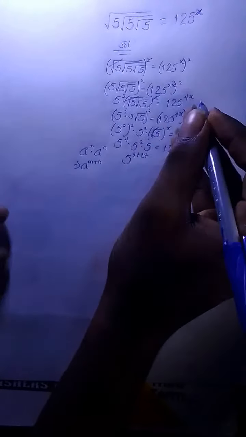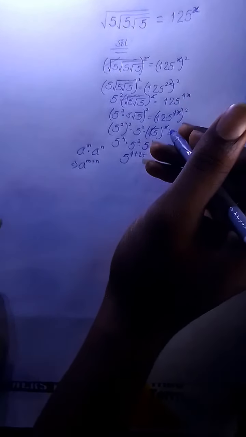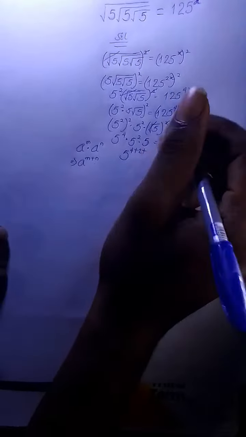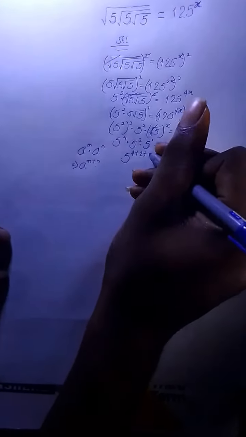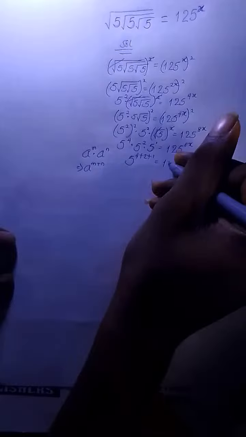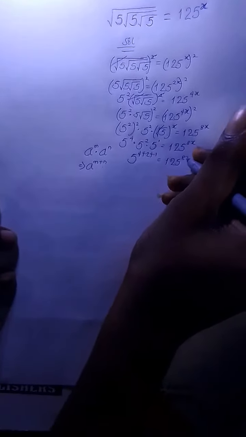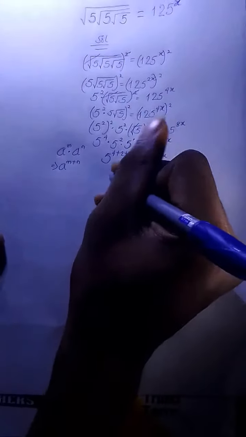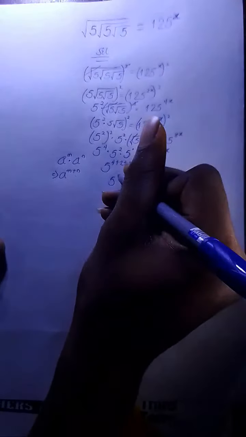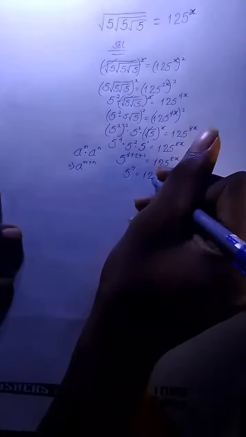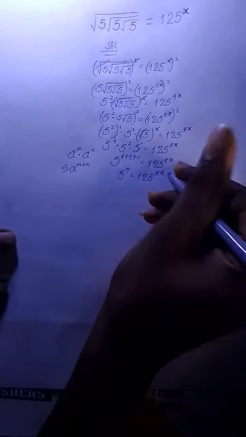A number standing alone, a, is a to the power of 1, because it still gives us that. So plus 1 equals 125 to the power of 8x. So 4 plus 2 plus 1 gives us 7, so 5 to the power of 7 equals 125 to the power of 8x.